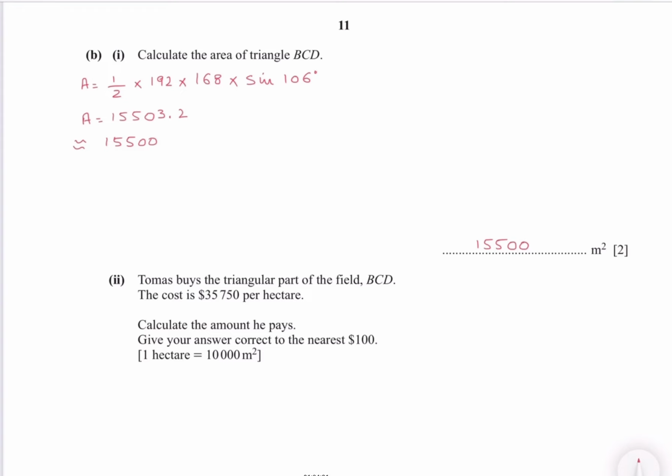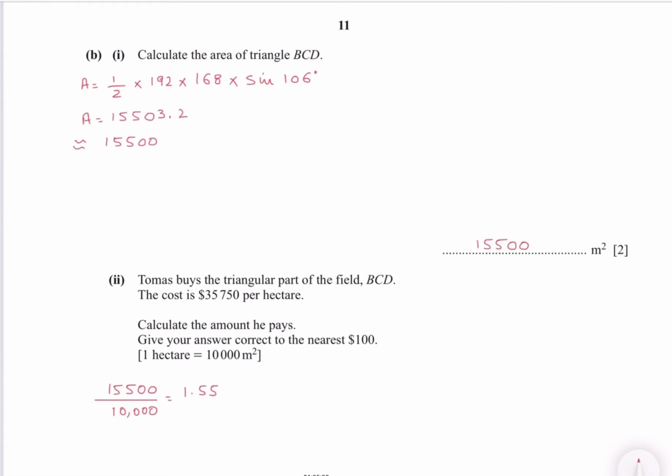Thomas buys the triangular part of the field BCD. The cost is $3570 per hectare. Calculate the amount he pays. Give your answer correct to the nearest $100. 1 hectare equals 10,000 square meter. So divide this area by 10,000.